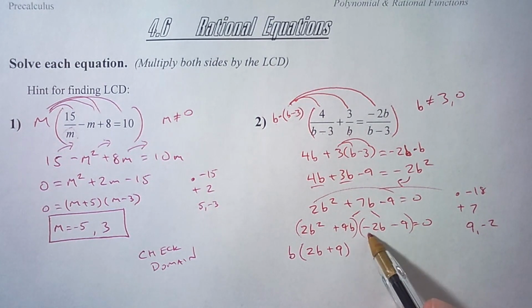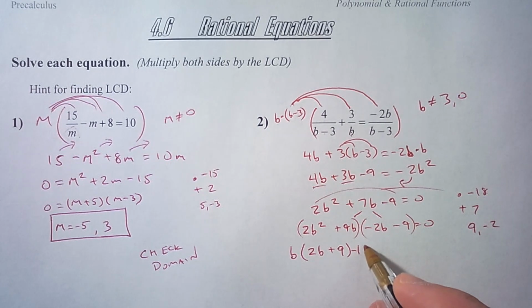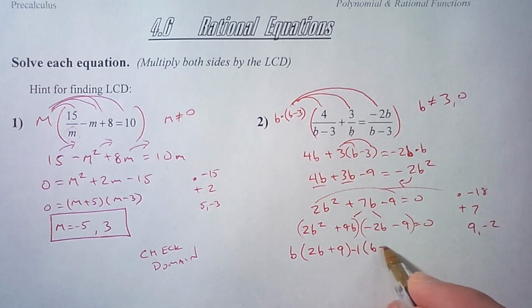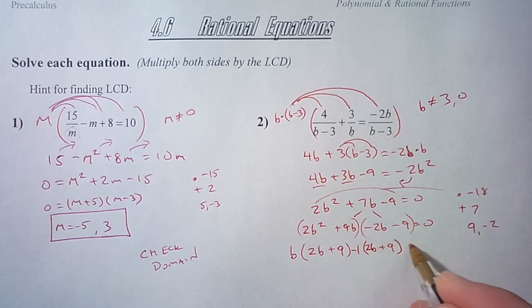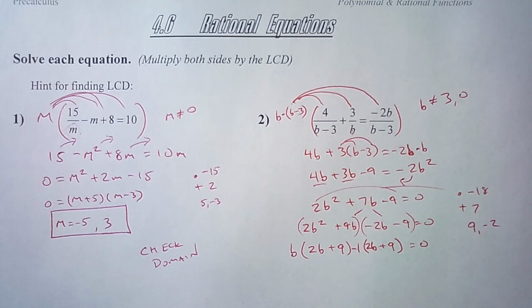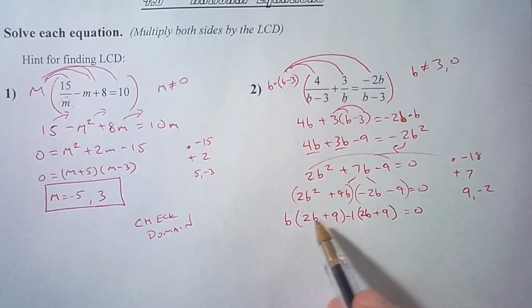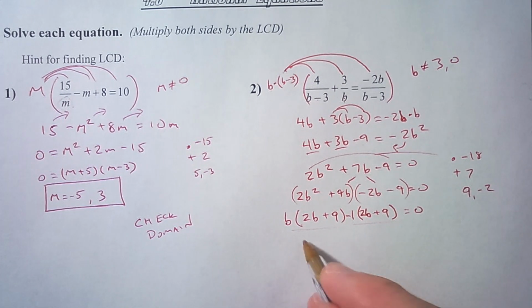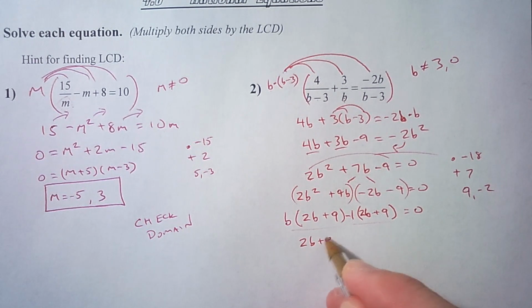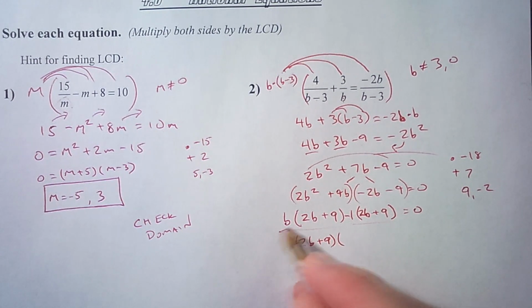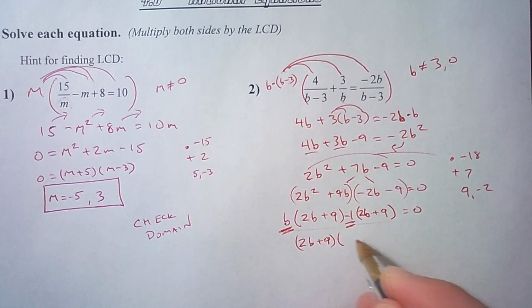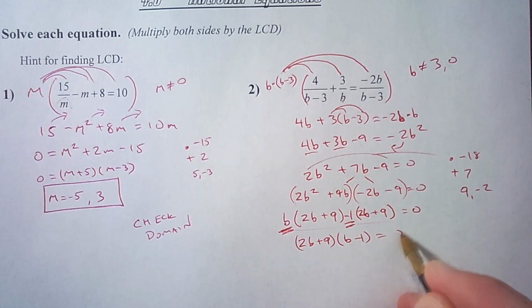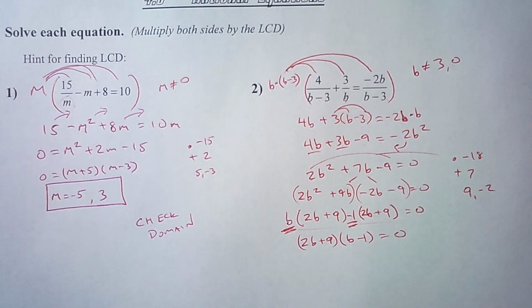From this second group, I can factor out a -1. And when I divide both by -1, I get -1 times 2b plus 9. Okay, so now both of these two terms have a 2b plus 9. I can pull that out, so I get 2b plus 9 times b minus 1 equals 0. So there's my factored form.